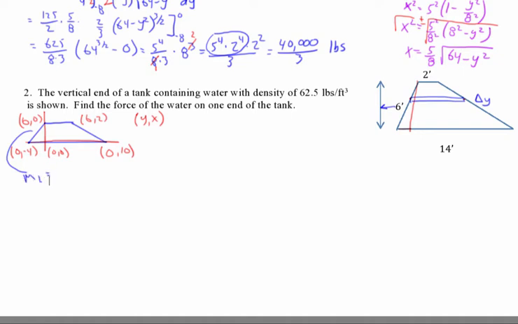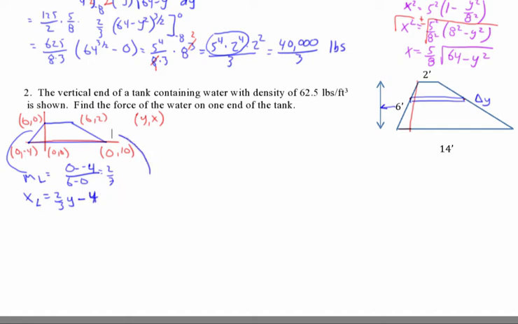So the slope of the left side will end up being 0 minus -4 over 6 minus 0. So that gives us 2/3. And now, since we have this switch, we can go straight to the x value will be 2/3 y, and then the x-intercept will be 4.